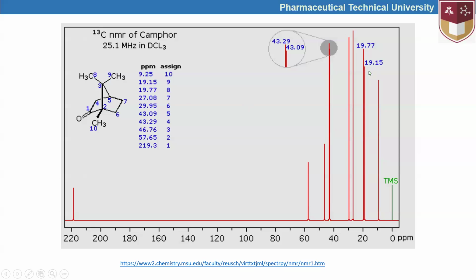Okay, they are very close to each other because both 8 and 9 belong to methyl groups. Oh, I'm sorry. This is the carbon 13 NMR results.